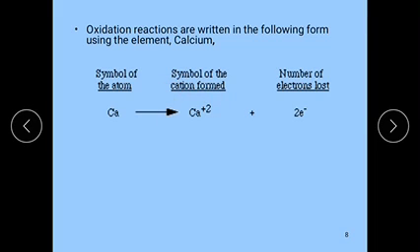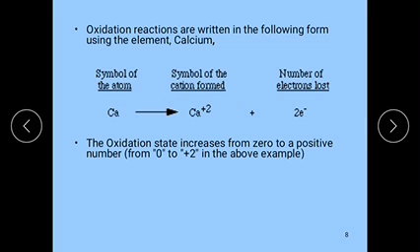That means in oxidation reactions, when an element loses electrons, it forms cations. At the same time, the oxidation state increases from 0 to a positive number.